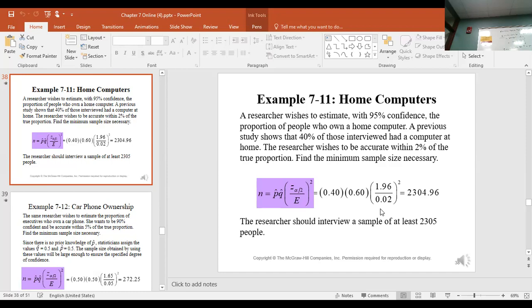So n will be 0.4 times 0.6 times Z alpha over 2, 1.96, over 0.02, squared. Use your calculator to do this.